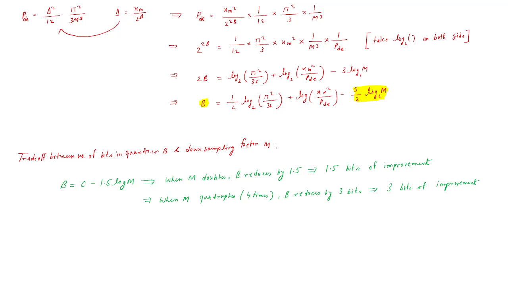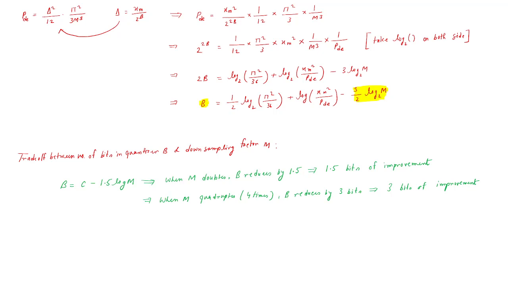So in the Multirate-DSP framework, our goal is to use a different sampling rate, that is to increase M, so that we can reduce the number of bits in the quantizer. That will lead to a more efficient representation of data, and that's why the power of quantization noise is able to capture the trade-off between B and M, so that if M doubles, we can afford to have 1.5 bits less.